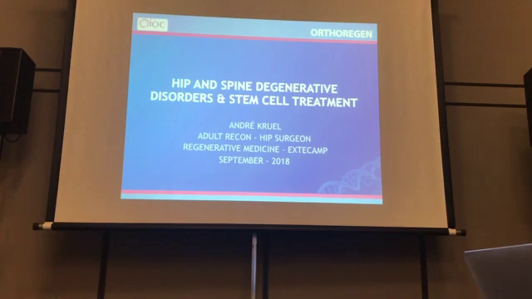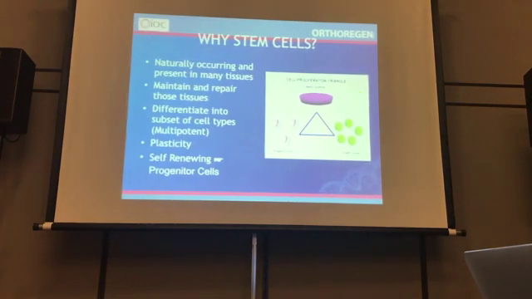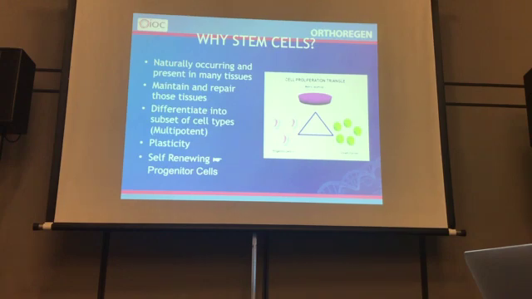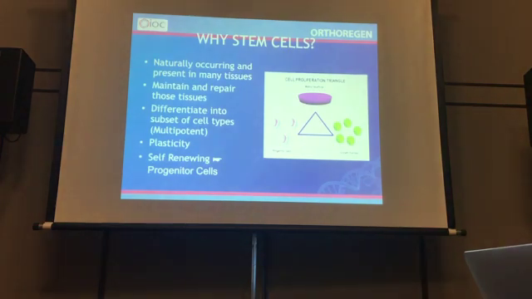So why stem cells? Because in this course here, we've already seen this triangle where we talk about scaffolds like hyaluronic acid and growth factors like PRP. And what closes this triad is the progenitor cells and the stem cells themselves. Why?